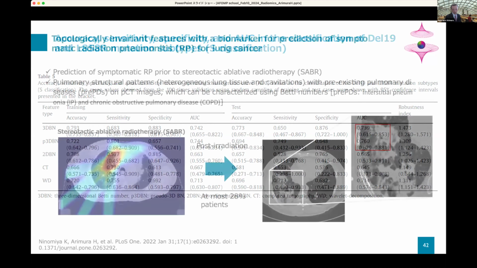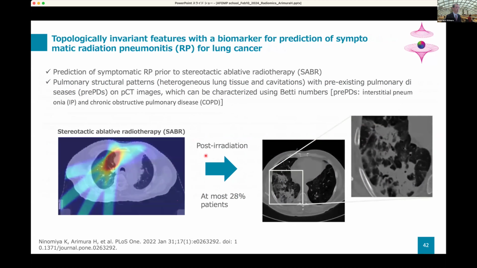And another topic was prediction of radiation pneumonitis by using, in this case, also topological image features for analysis. So we have many patients with radiation pneumonitis like this.